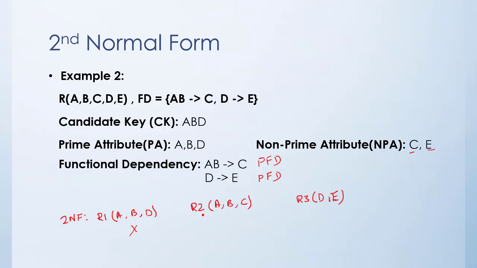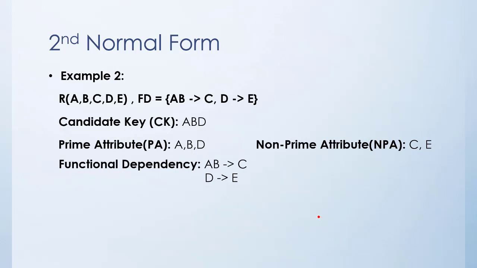Here we have AB determines C, where the non-prime attribute C is fully functionally dependent on the candidate key AB. And here we have D determines E, where the non-prime attribute E is fully functionally dependent on D. So after decomposition, we are going to get these three relations.